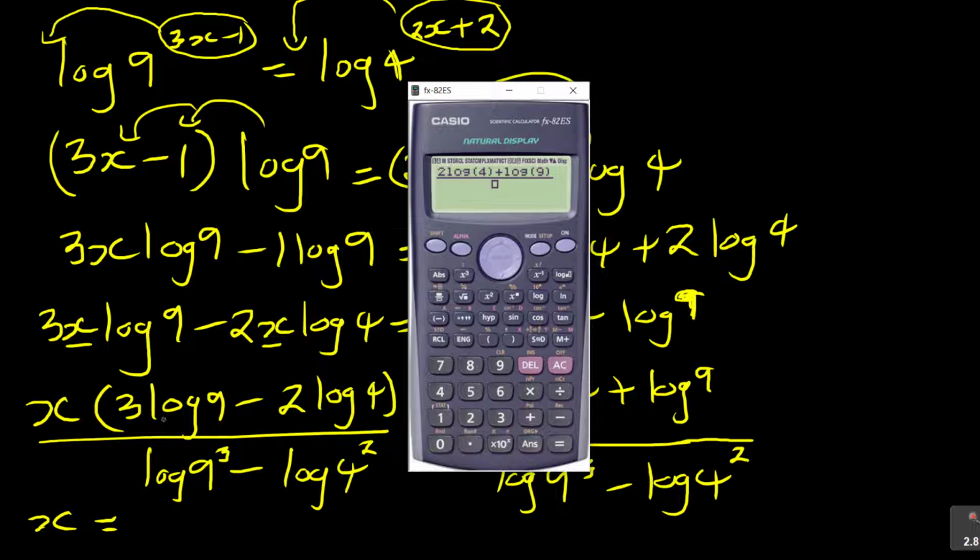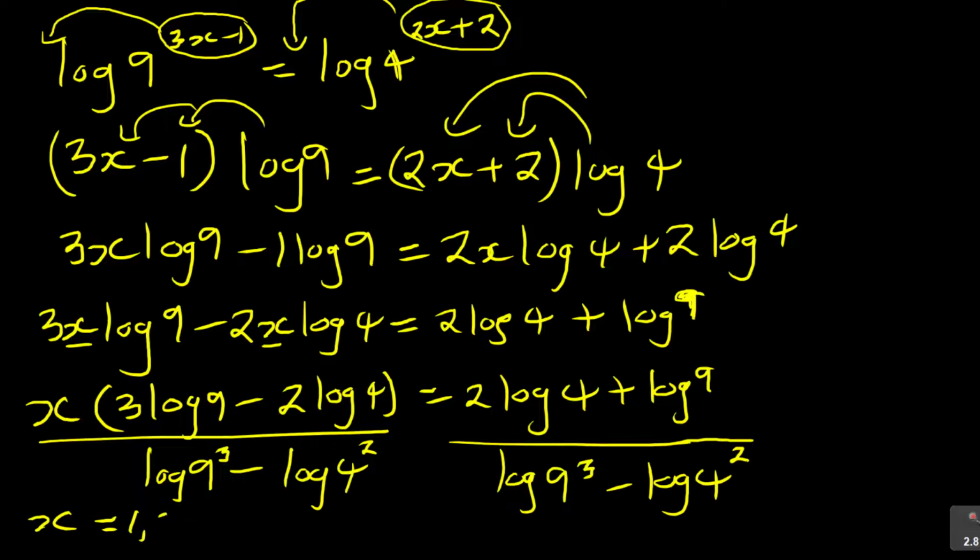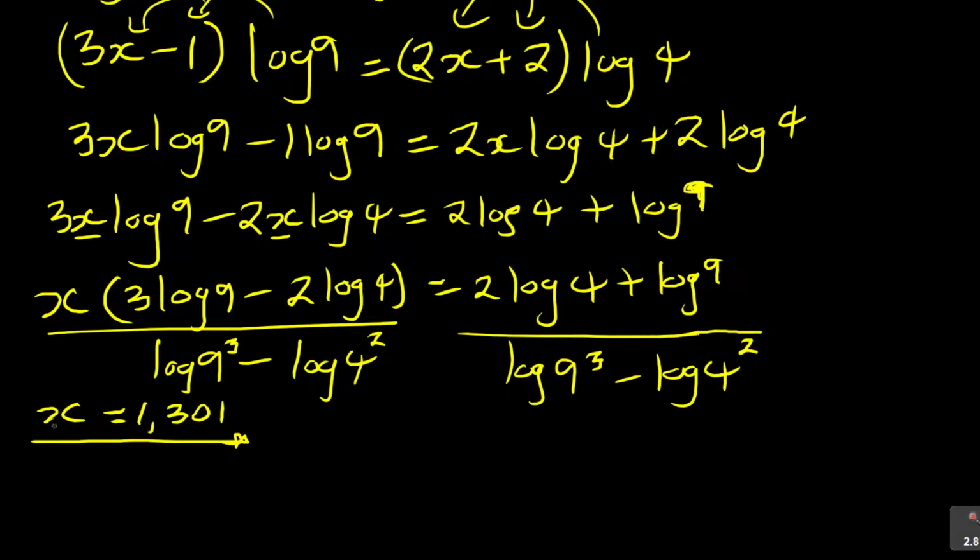Here it was 3 log 9, remember, 3 log 9, and then it was minus 2 log 4, equal to, oh okay, it gives the same answer, but I thought it was going to give something different. So I think you need to maintain this so that it doesn't give a difference, which is 1.301 here, 1.301. So that is the answer, guys, if ever you're working on this question, 1.301.